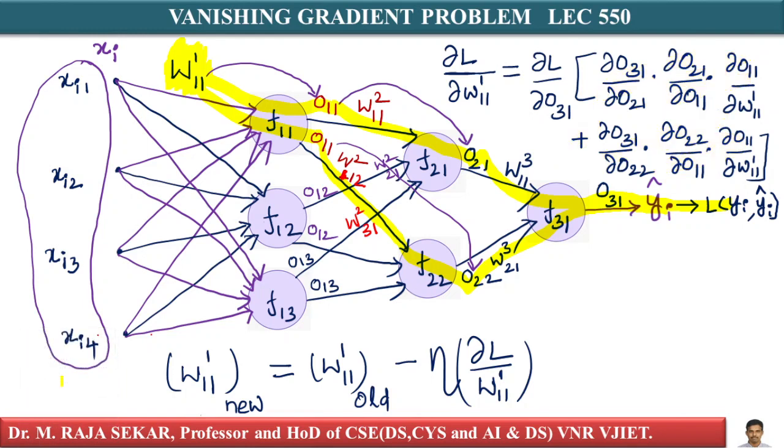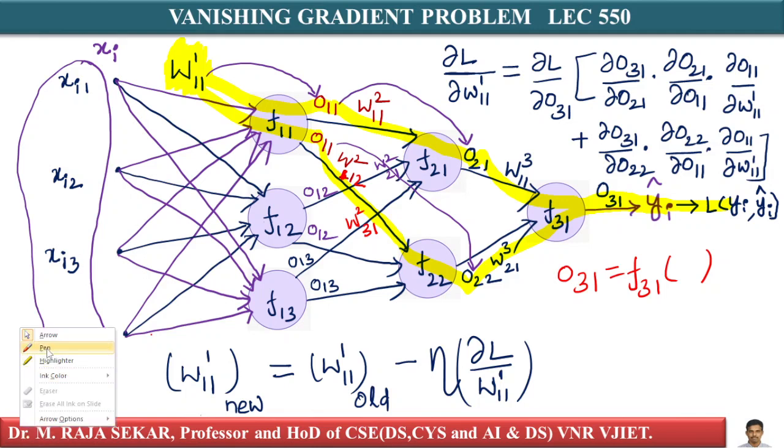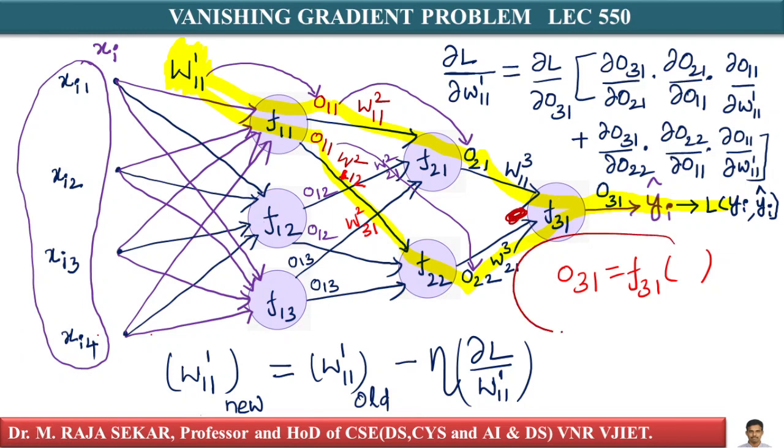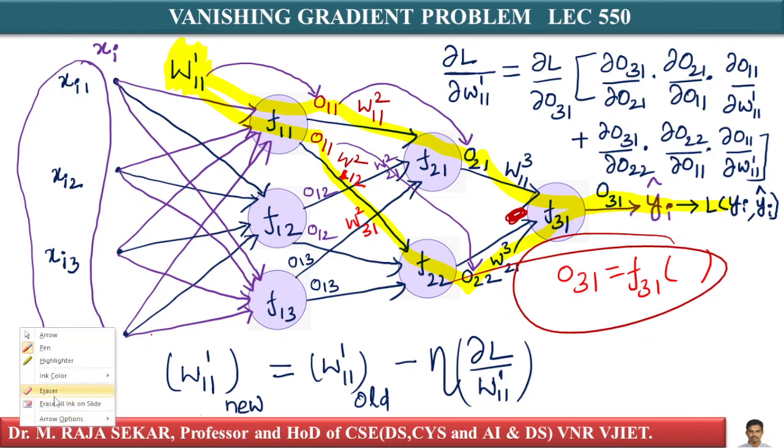So, if you notice in this whole derivative, let's look at O31. What is O31? O31 is an output of your function F31. O31 equals F31 of some input. Here I will get some input, F31 will take that input and give output O31, isn't it? Therefore, what can I write?